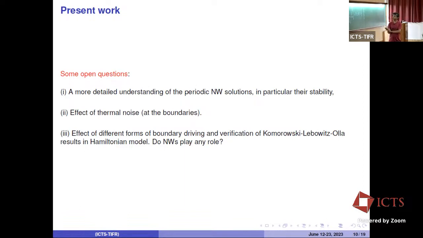Like I mentioned, in their work there was no noise, so a natural question is what happens if you add a bit of noise: do these periodic solutions still survive? And then we wanted to see what happens in this Hamiltonian model if you do this kind of slightly different driving, and can you again get a complete description in terms of effective diffusion equations?